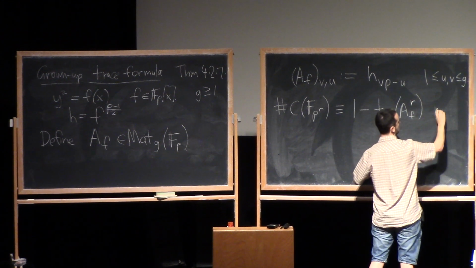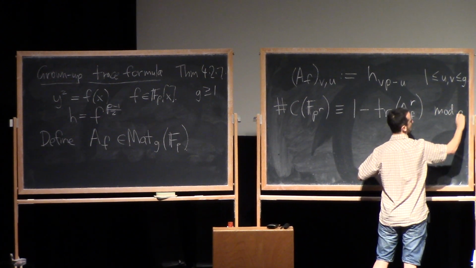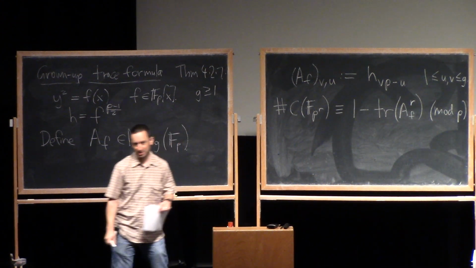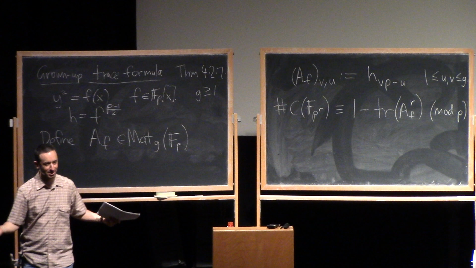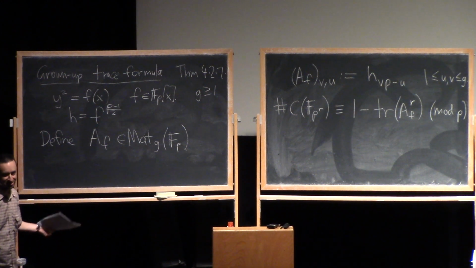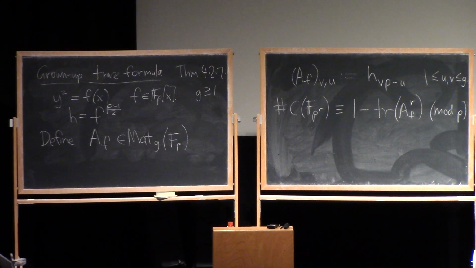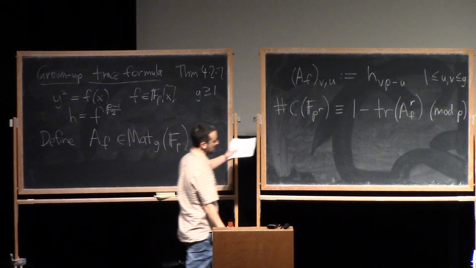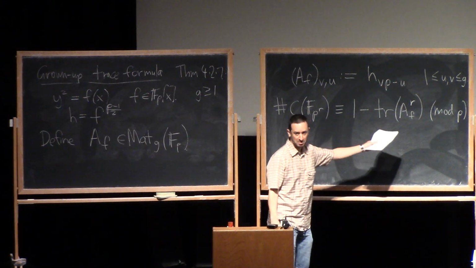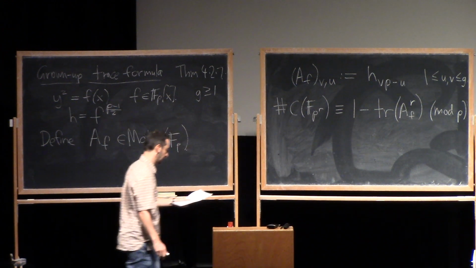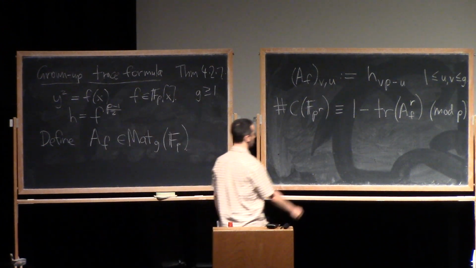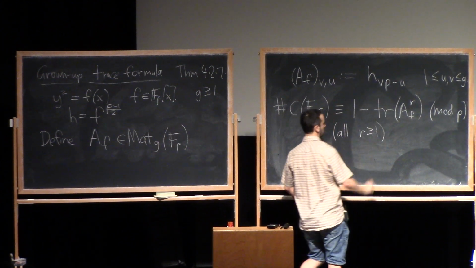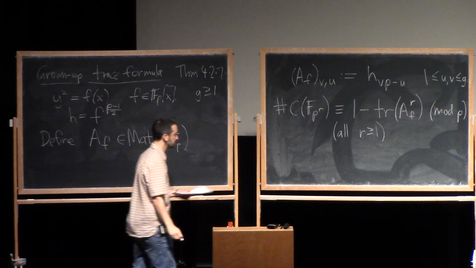This is modulo p. Of course we can only get at modulo p because we're only looking at h modulo p. There's no higher power of p information here. In section 8 you'll find a generalization of this formula for higher powers of p. Okay, and this is for all r greater than or equal to 1.